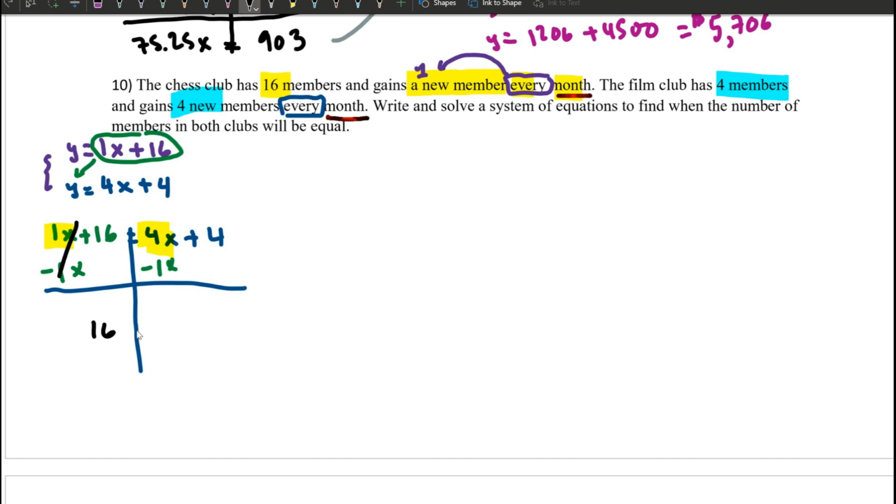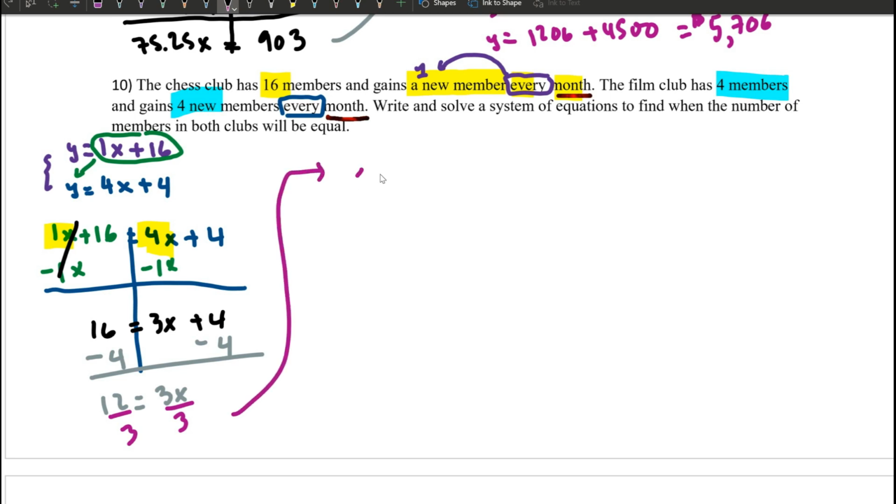You have 16 equal to 3x plus 4. Then we subtract 4 from both sides. 12 equal to 3x. And divide by 3 on both sides. So x equals 12 divided by 3, which is 4. So 4 what? We just said every tells you the slope, so after every is your x. This is 4 months. So in 4 months, both clubs are going to have the same amount of members.